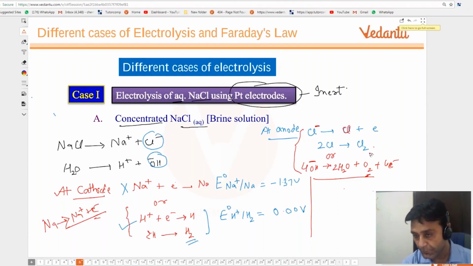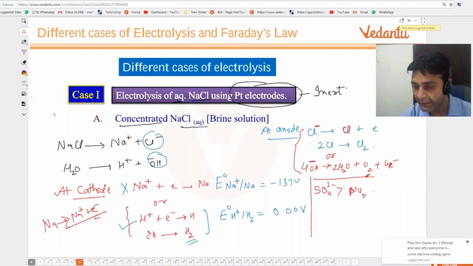So maximum discharge potential is for the sulfate ion, right? Then it is for the nitrate ion, NO3 negative, then OH negative, then Cl negative, then Br negative, then I negative. This is the decreasing order of the discharge potential.